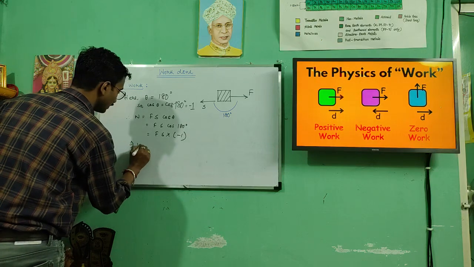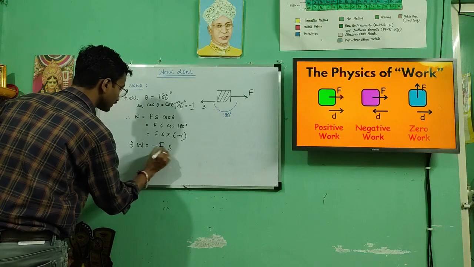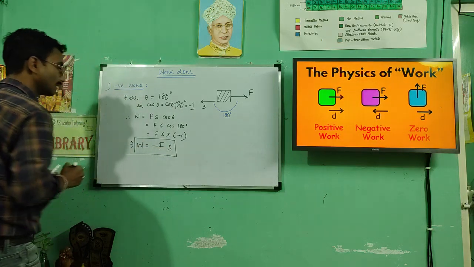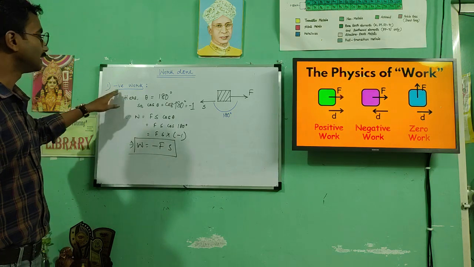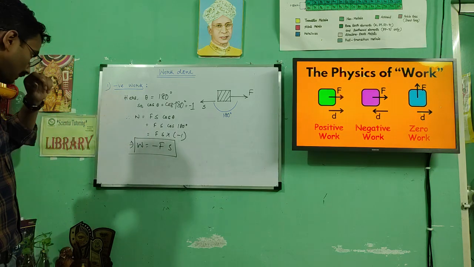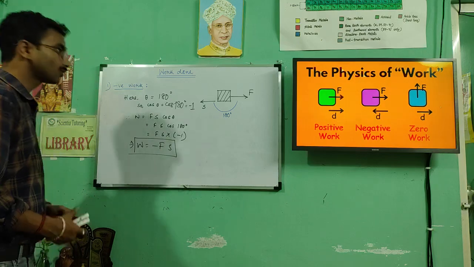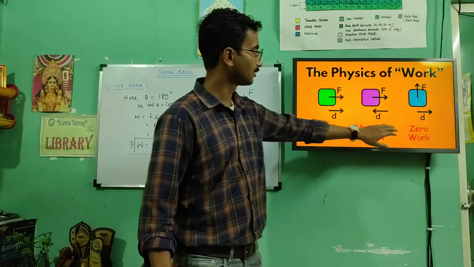So we get W equals minus Fs. This is the negative work. This is the formula for finding negative work done. Clear?